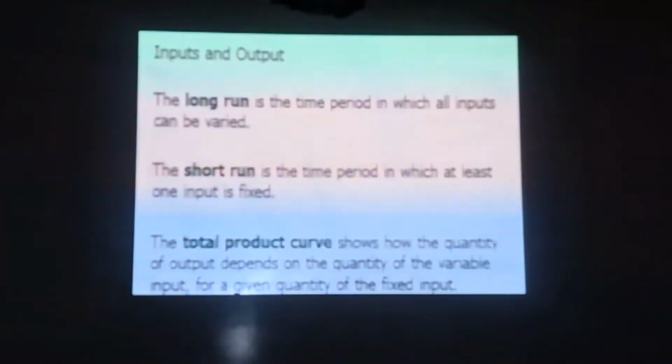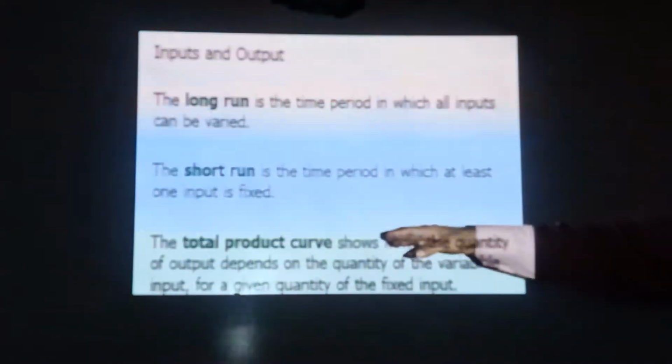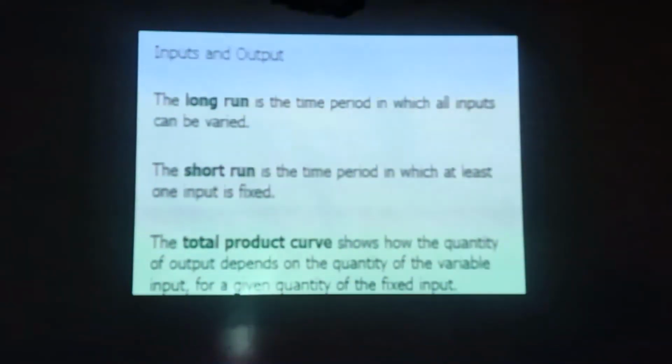Another term related to this is the total product curve. It shows how the quantity of output depends on the quantity of the variable inputs for a given quantity of the fixed inputs. Through this curve we show the relationship of the amount of goods or services produced depending on the quantity of variable inputs.